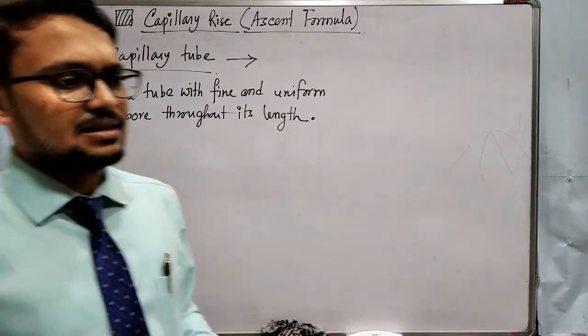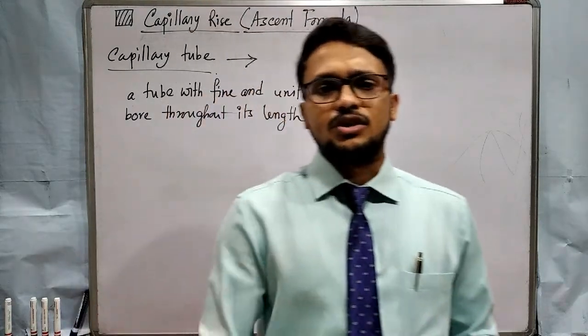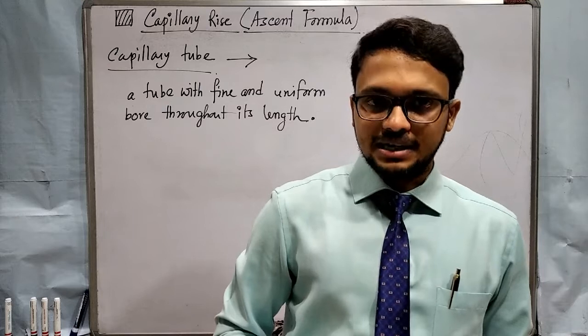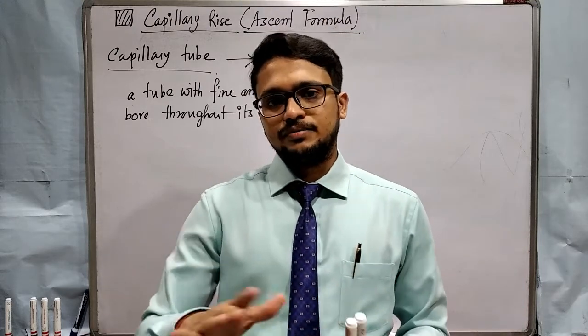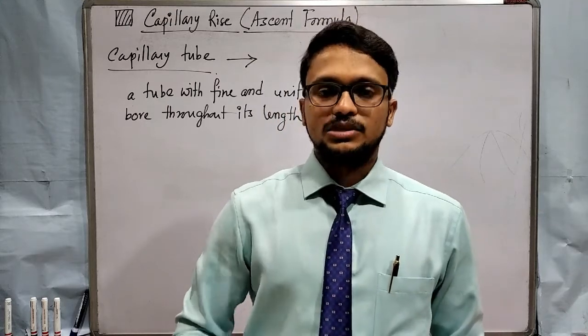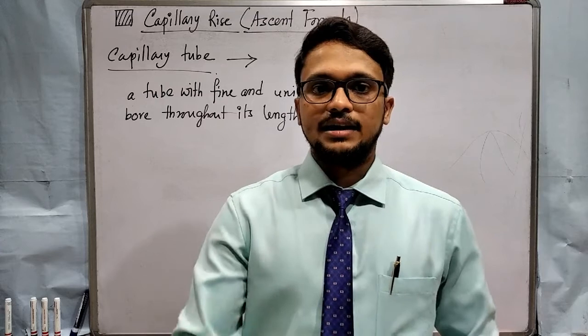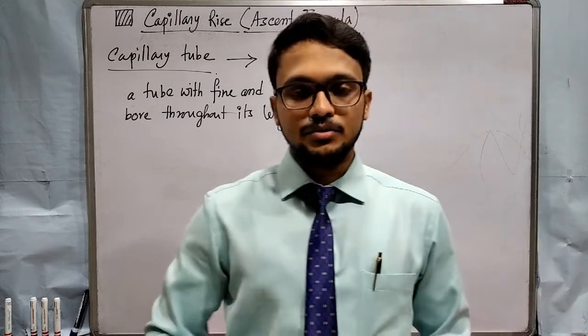You have seen different kinds of natural phenomena, like if you put your cotton cloth into water. Suppose a bucket is not filled fully, suppose half-filled, and you have kept your cotton cloth in it. Then what will you see?